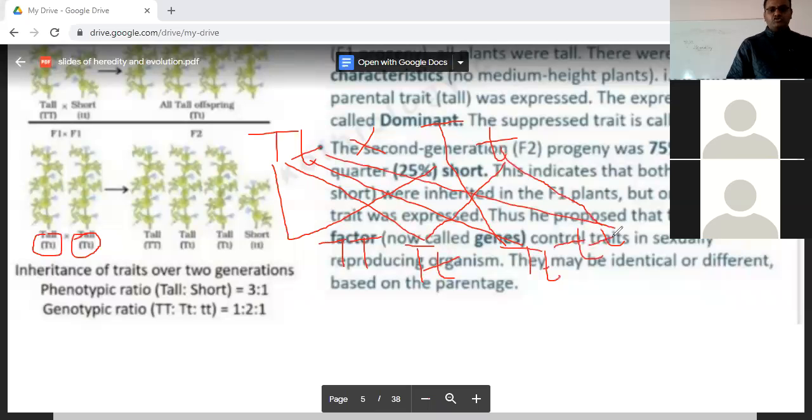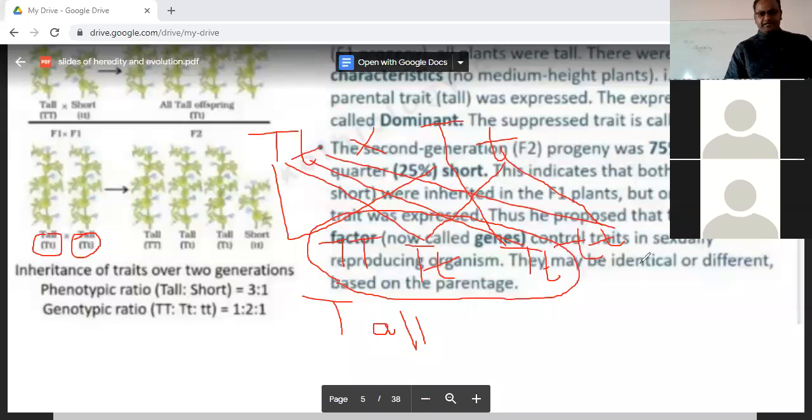So here you can see 3 offspring are tall, and 1 offspring is short or dwarf.